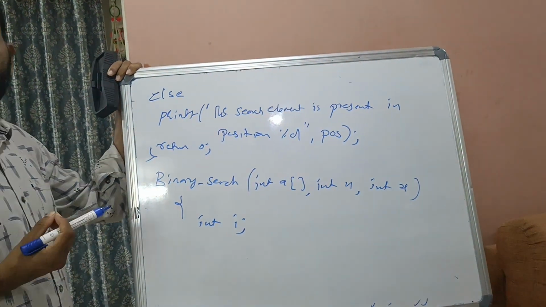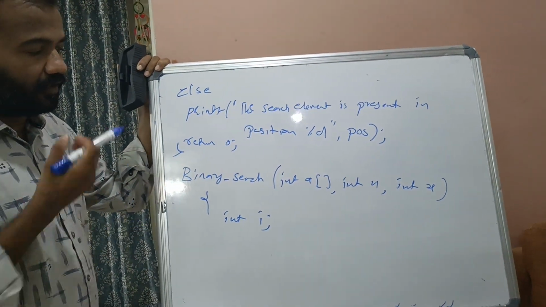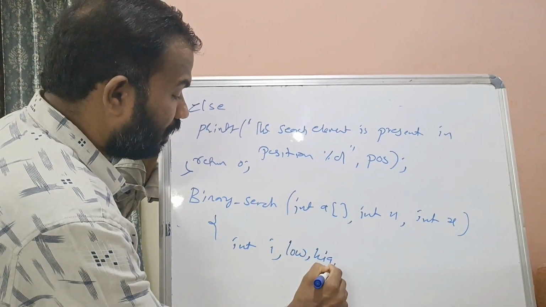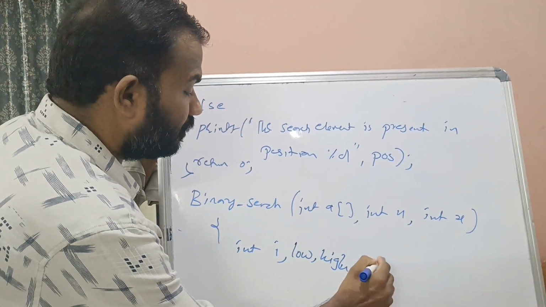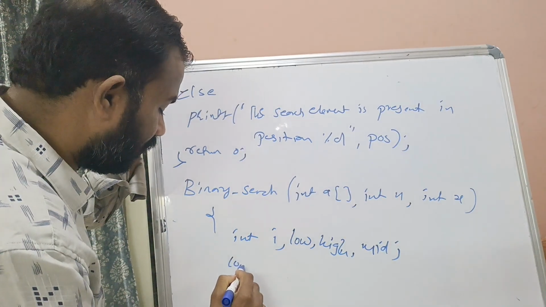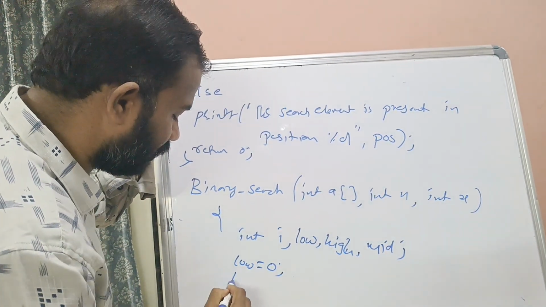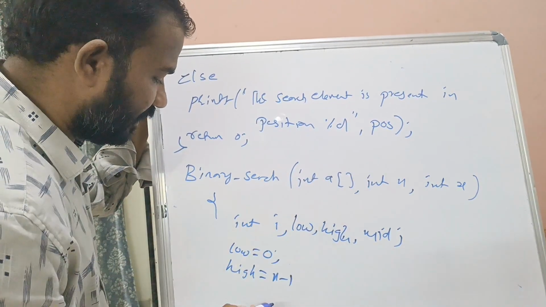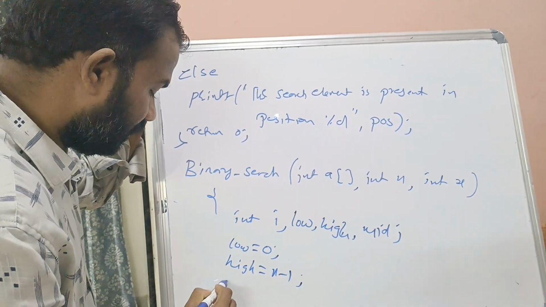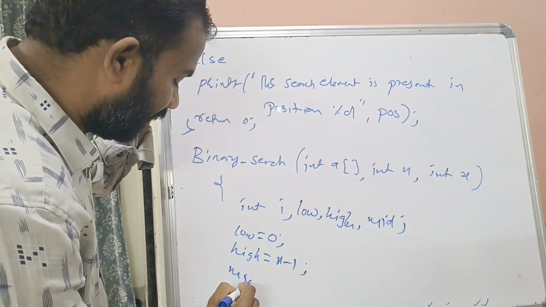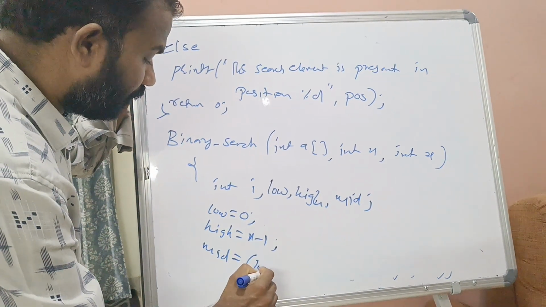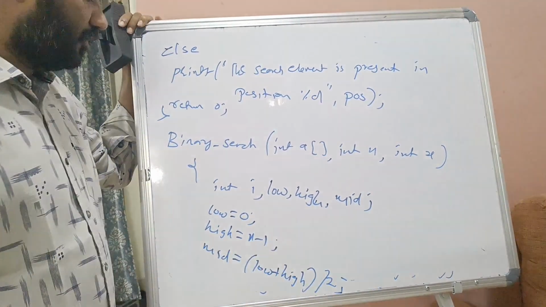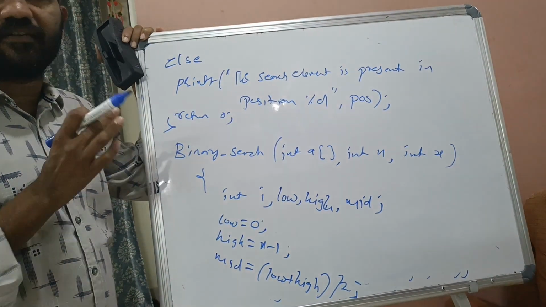Now we have to calculate low, high, mid. Already we know that low is equal to 0, high is equal to n minus 1. We already know the size n value, and mid we need to calculate. Mid is equal to low plus high by 2. So we know what is low, what is high, and what is mid.